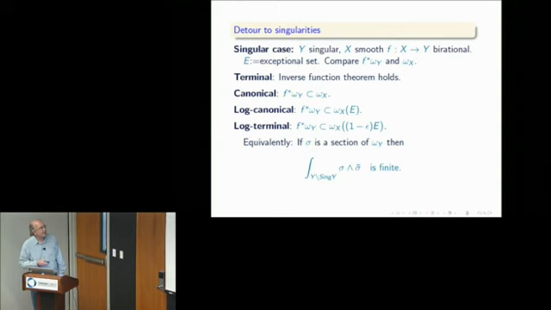And now there is this mysterious one, where you look at the pullback of omega y, and it has poles of order less than 1. Now you might ask, how is that possible? In the quotient case, for instance, we computed that omega y itself is not really a line bundle, but some power of it is a line bundle.